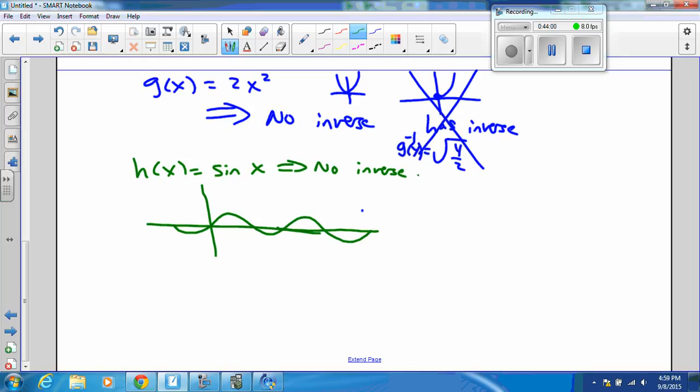You say, well, what about inverse sine? Sure, inverse sine makes sense for x's on a limited domain, specifically from -pi/2 to pi/2, angles in the first and fourth quadrants, the reference angles. But for the function on its entire domain, it's not 1-to-1, and it has no inverse.